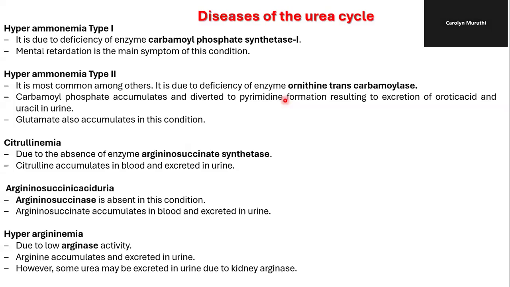And so with that, we've come to the end of this session where we have looked at the breakdown or degradation of proteins to amino acids, and we have seen the fate of the products of amino acids, that is the carbon skeleton and ammonia, where we have seen the carbon skeleton can either be glucogenic or ketogenic depending on their products. The glucogenic are the ones involved in the formation of glucose, whereas the ketogenic will form the fat-like substance.